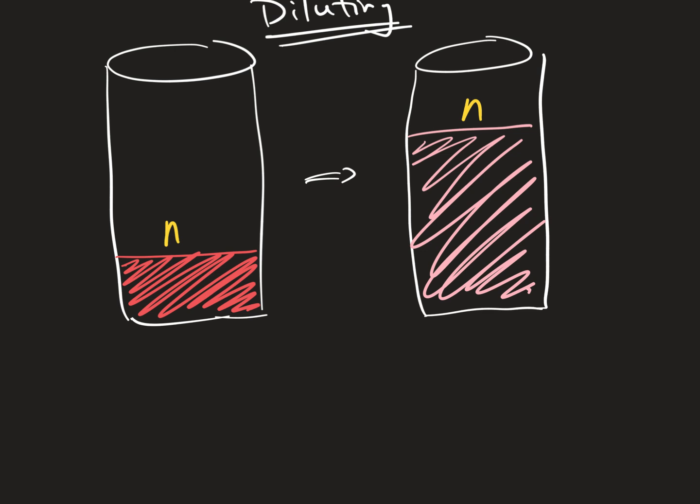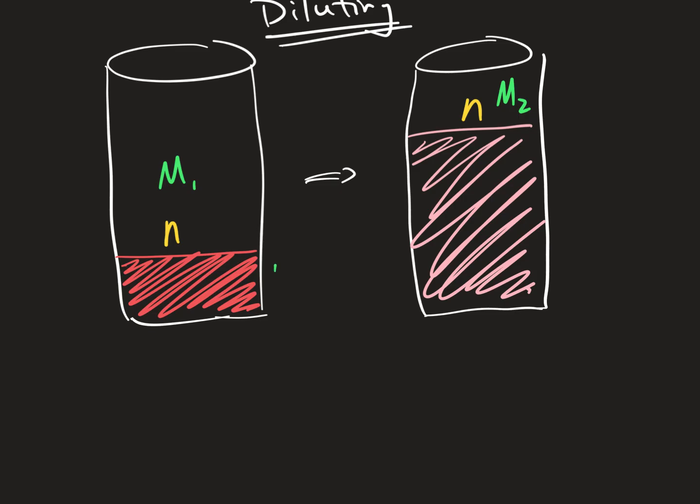Here we have, which one do we have a higher concentration? The red one or the pink one? Red. The red one's higher concentrated, right? So we can say that's M1, our concentration 1. Remember, molarity is capital M. You guys good with that? And over here we have concentration 2. Good?